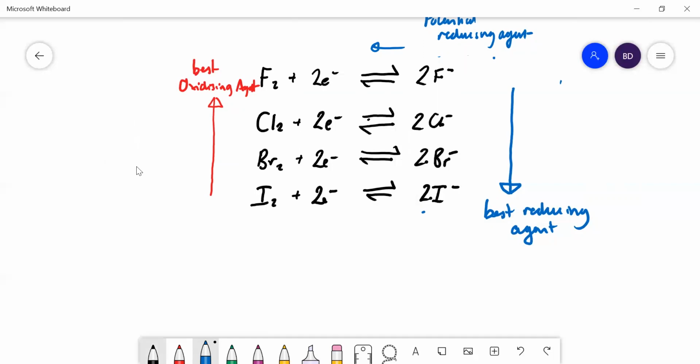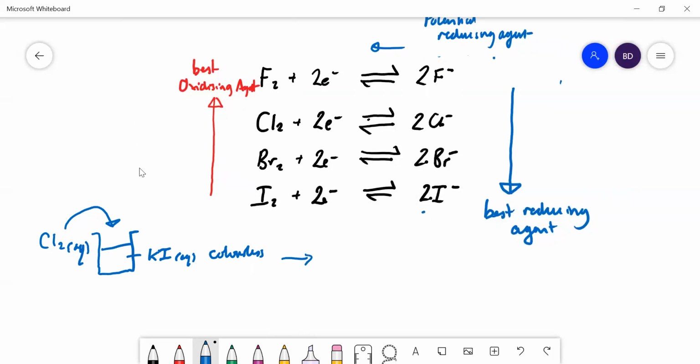If I got a beaker of potassium iodide solution, which of course is colorless, and I add some chlorine water to that, so Cl2, in aqueous solution, what happens is this solution turns brown.